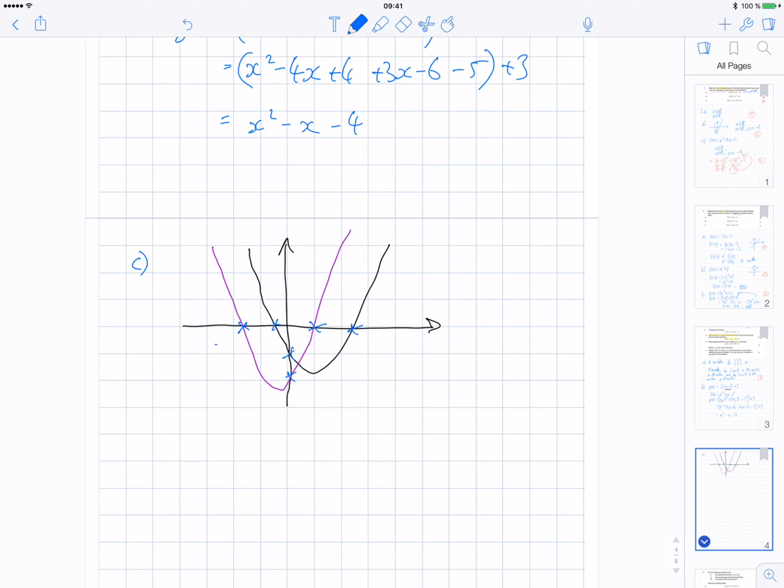Okay, minus 4.19. I'm going to show you how to do this on the calculator. It's really quite easy. The next one is minus 1.56.